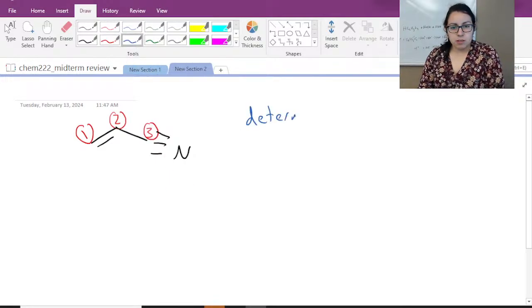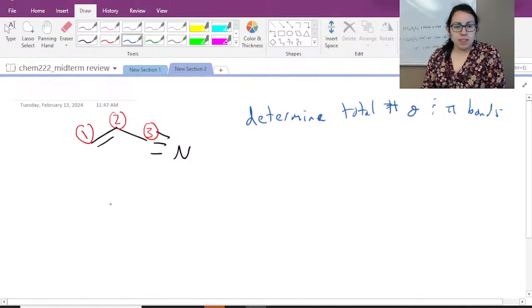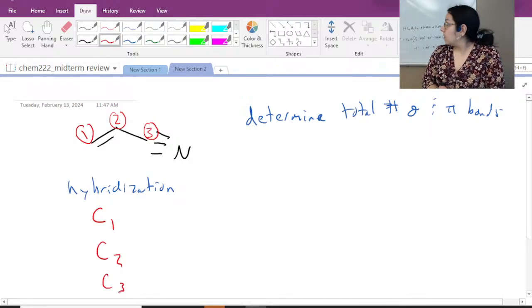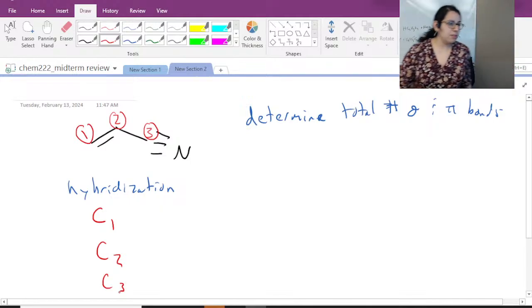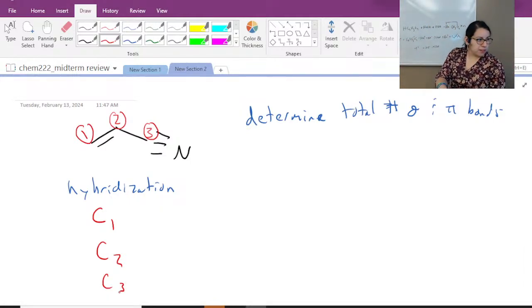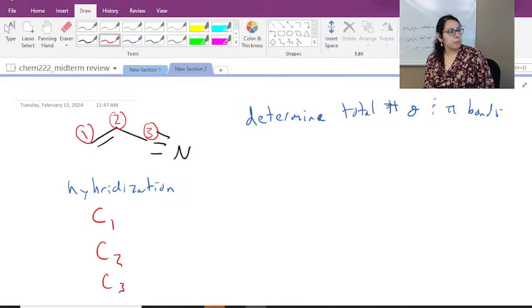For this, determine the total number of sigma and pi bonds, and then also determine the hybridization at each of those carbons, carbon 1, 2, 3. All right, take a minute or so to look through this. You might want to redraw it more explicitly.